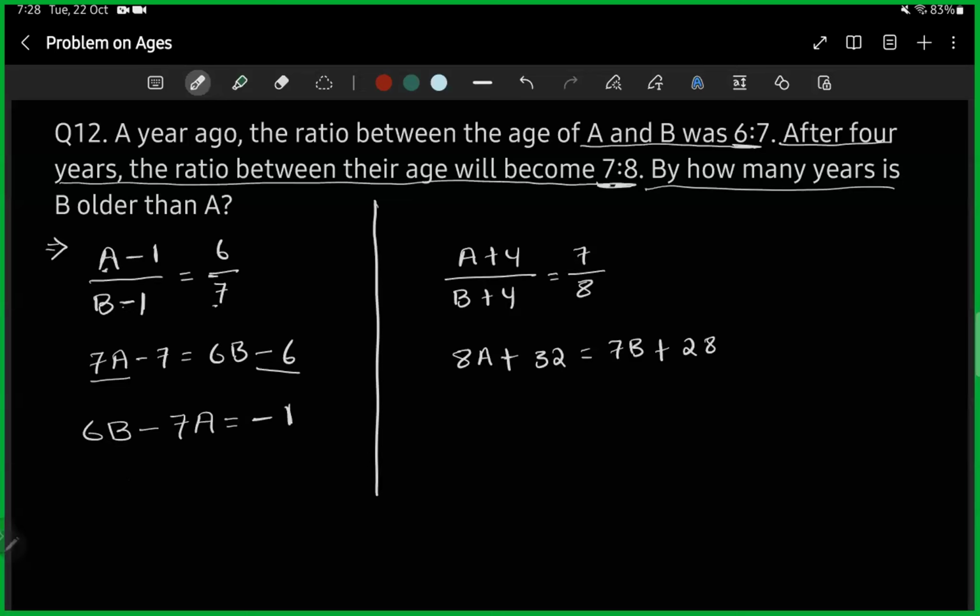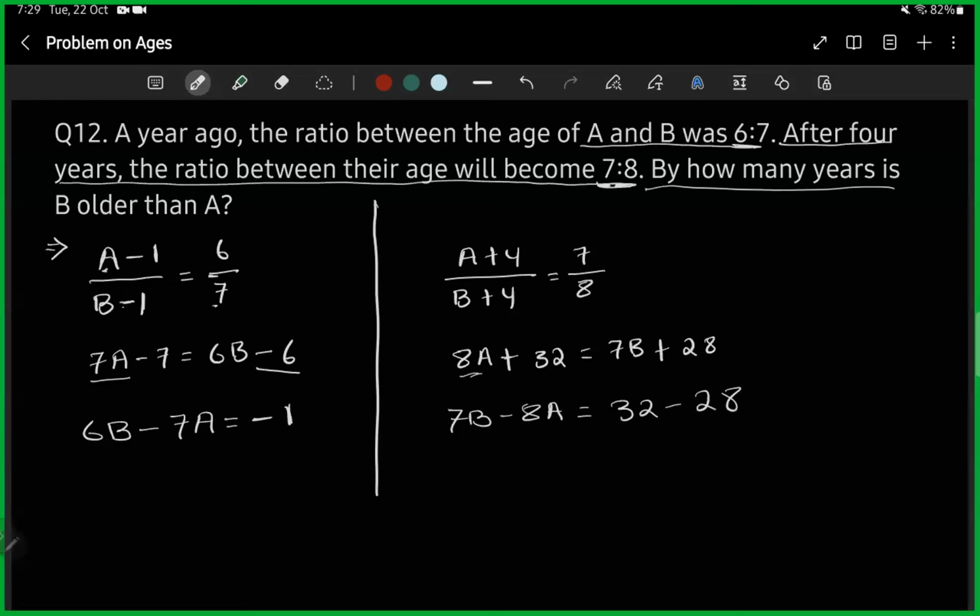I'm just doing this, so it's the same thing, so please don't get confused with that. Similarly, on the right hand side also, I'm going to write it as 7B minus 8A. 7B as it is, and then taking this into the right hand side, 7A, and then 28 minus, wait, sorry, it should be 32 minus 28.